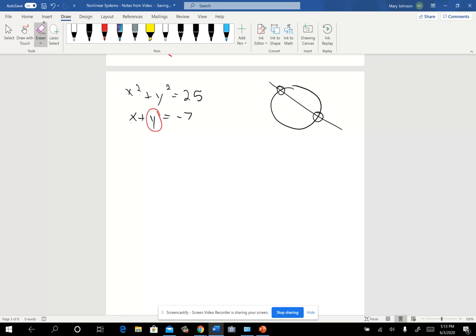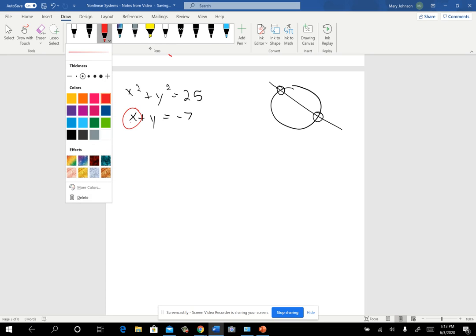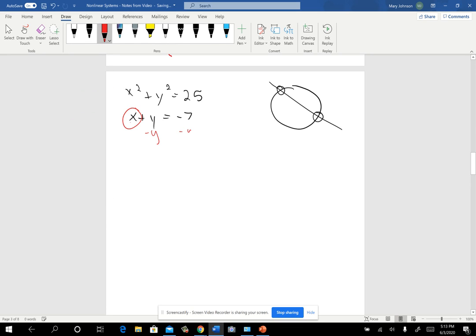Let me do the x, because I think that's what I've been doing with you in class. So if I want to get x by itself, I'd have to subtract the y from both sides. When you do that, you wind up with x equaling -y minus 7.